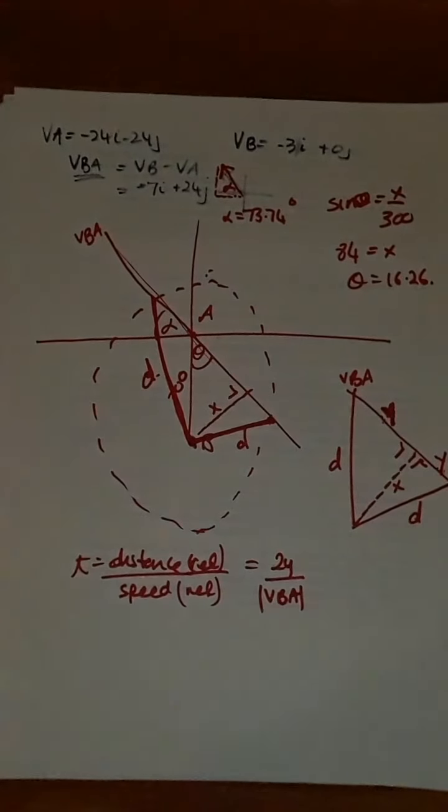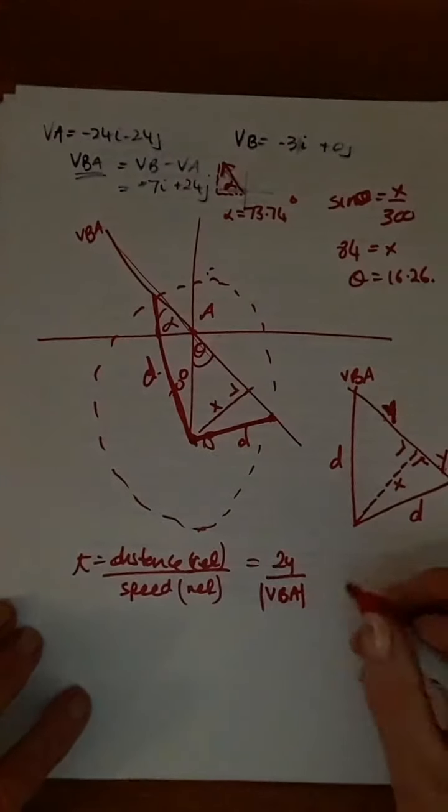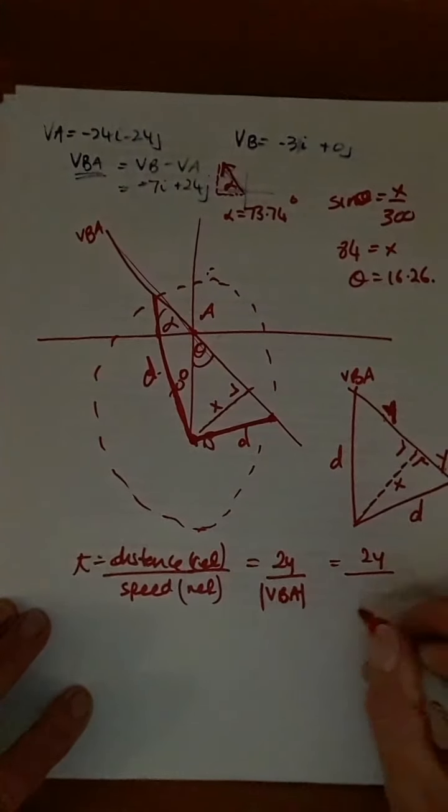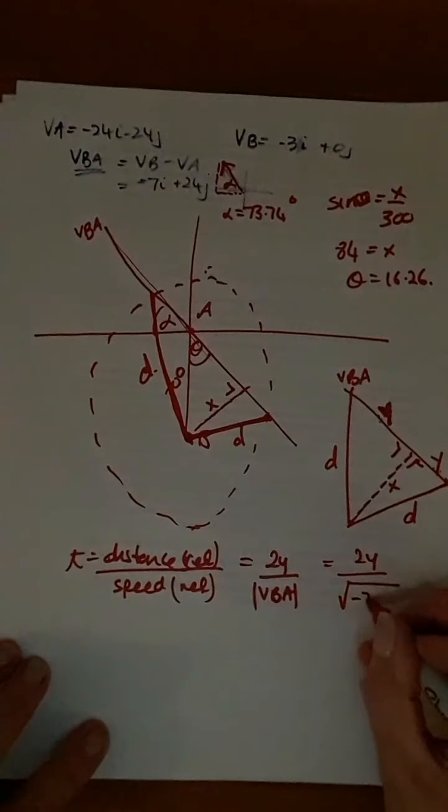Now come back up here again. VBA is minus 7i plus 24j. To get the modulus of that, you're going to get the square root of minus 7 squared plus 24 squared, and that works out at 25. So 2y over 25 is equal to the time for which they can exchange signals, which of course is 2.8.